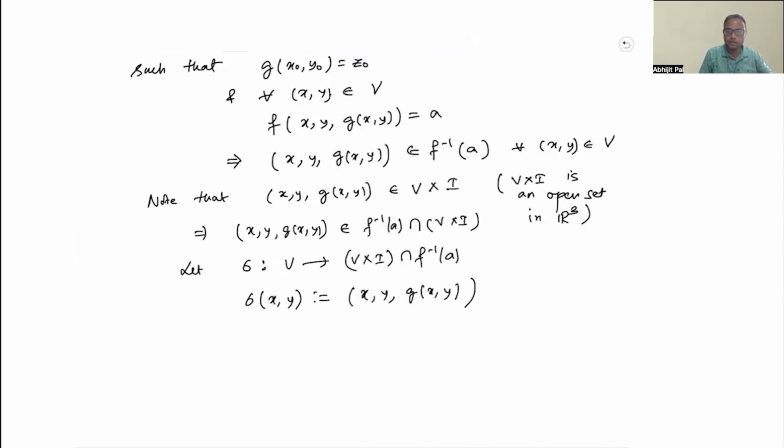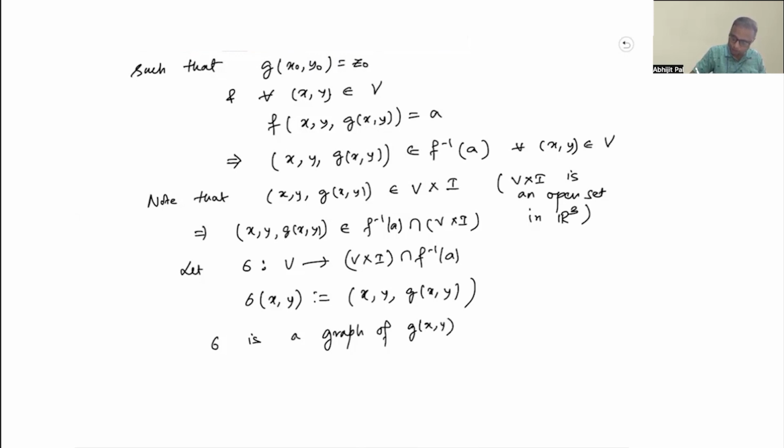So this sigma is a graph of this function G(x, y).